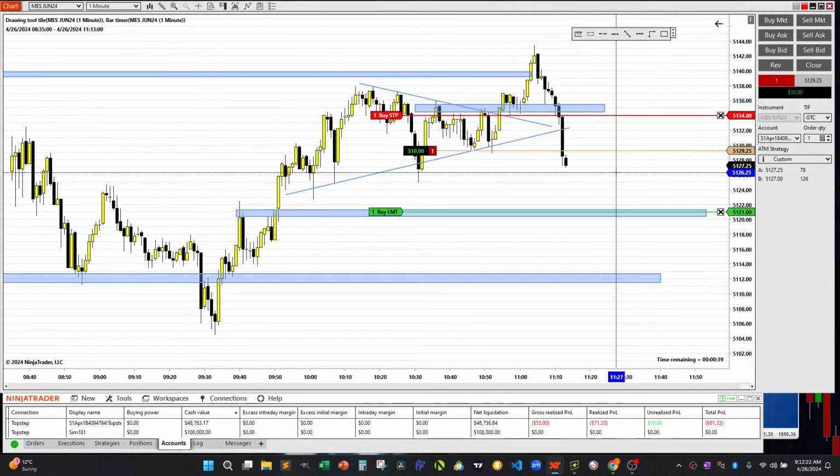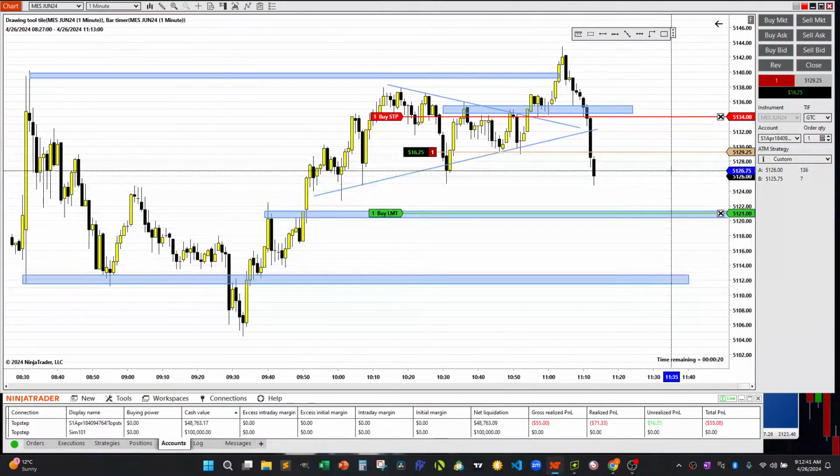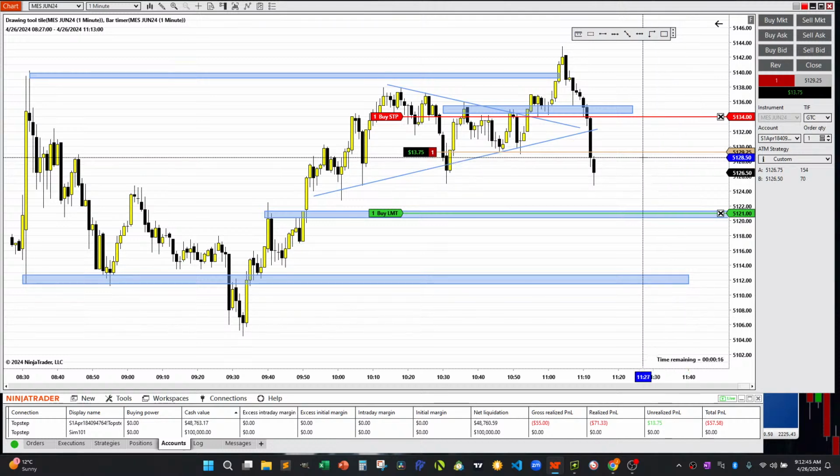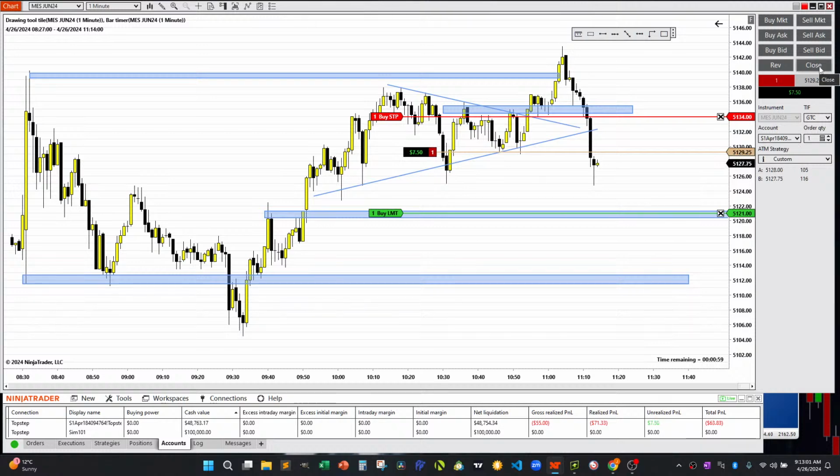Strong break to the downside. If it's gonna go, it's gonna go.